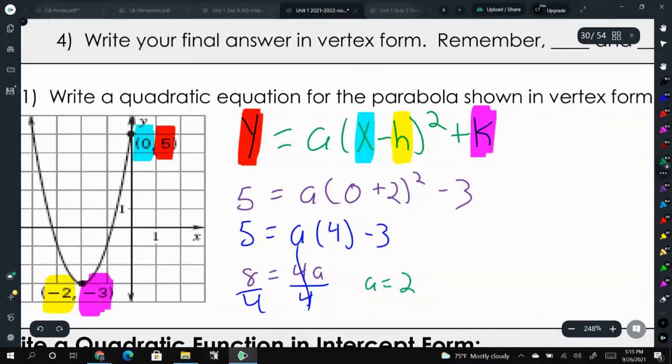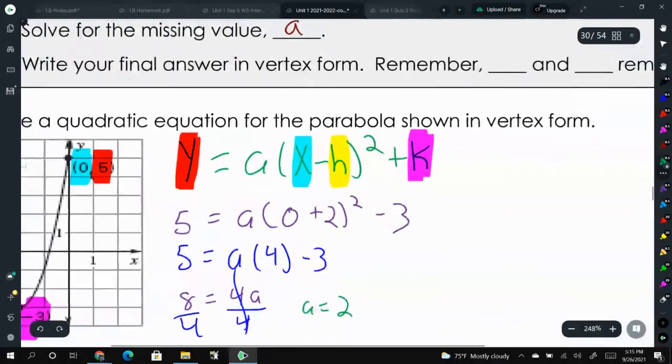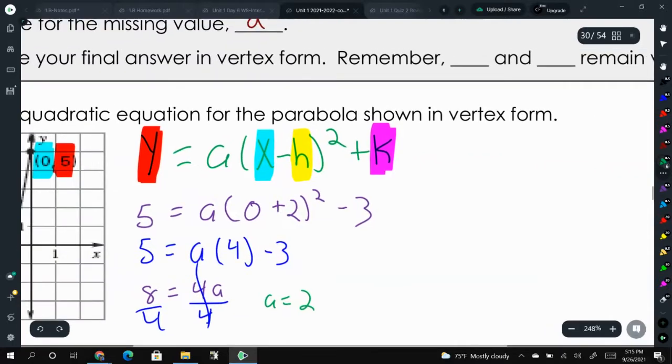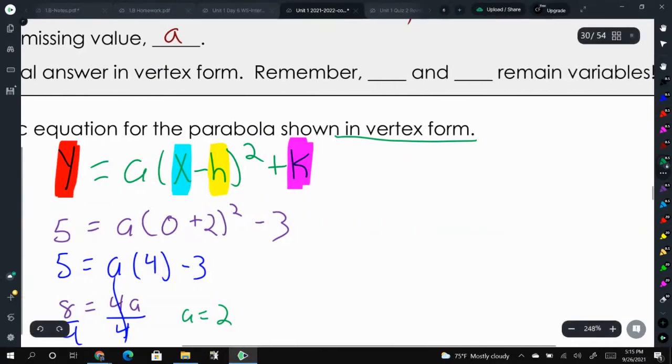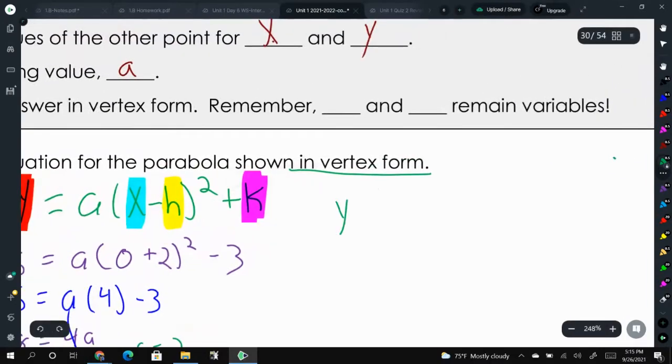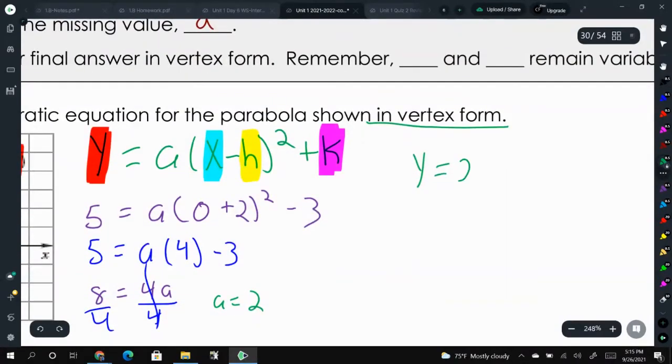Now, we are not done at this point. Yes, we found that missing a value, but remember the problem is asking us to write this equation in vertex form. So now we have to go over here. y equals our a value that we calculated was 2.